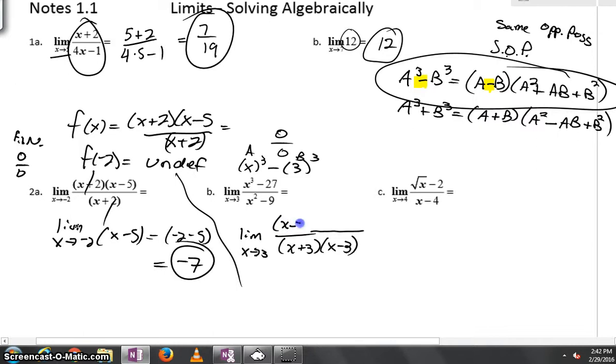X minus 3, then what? Help me out. X squared plus what? 3x, or x times 3, then what? Plus 9. That's your a minus b, a squared plus ab, plus b squared. If your a is x, your b is 3.